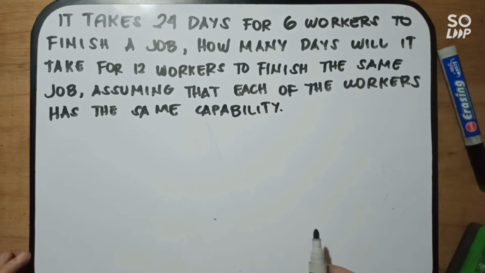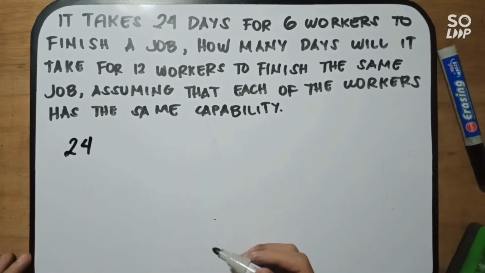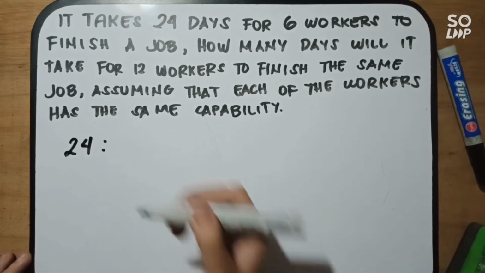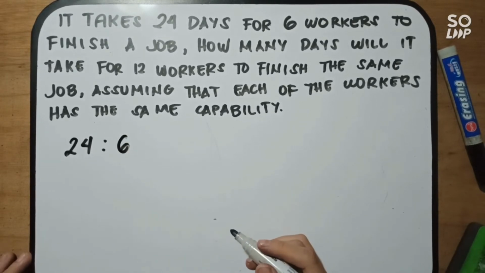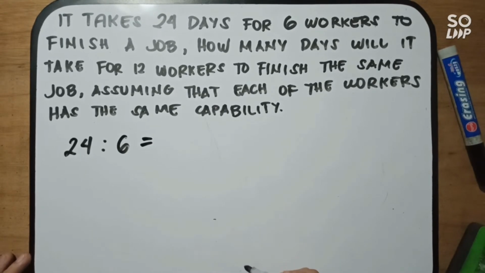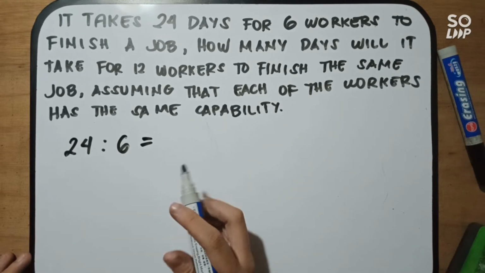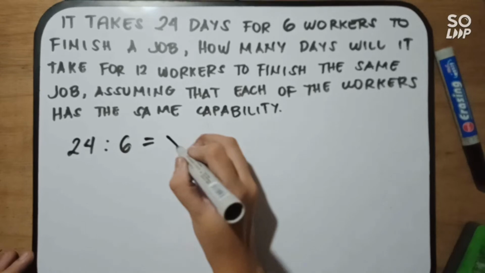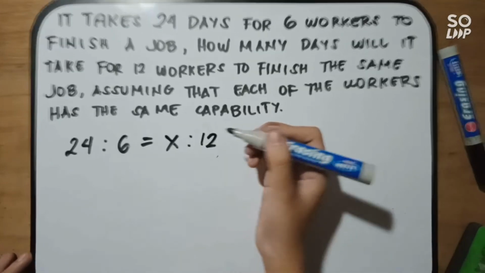In the given, it will take 24 days, so 24 is to 6 workers. It will take 24 days for 6 workers to finish a job, equals, since the number of days is unknown, let x be the number of days, is to 12 workers.